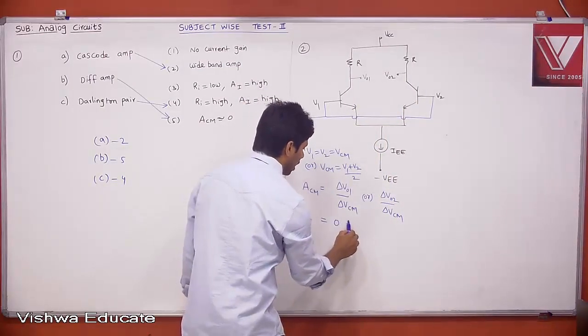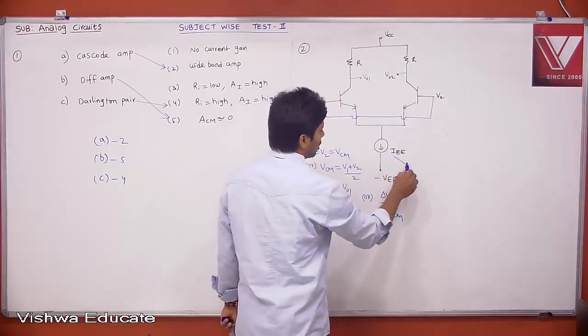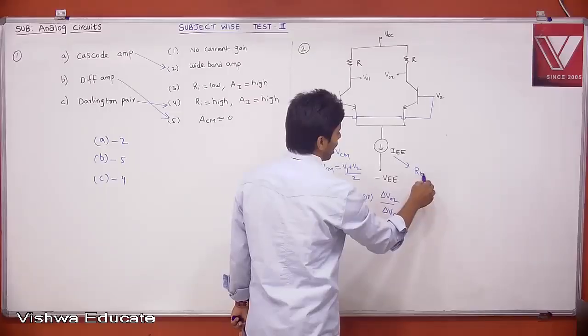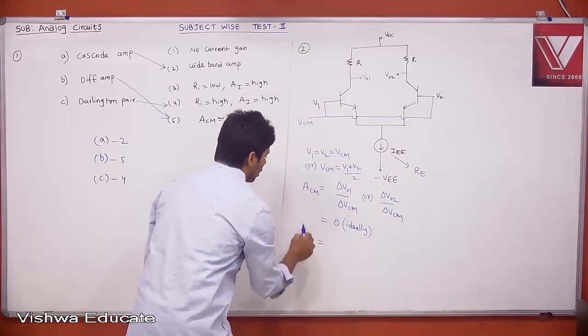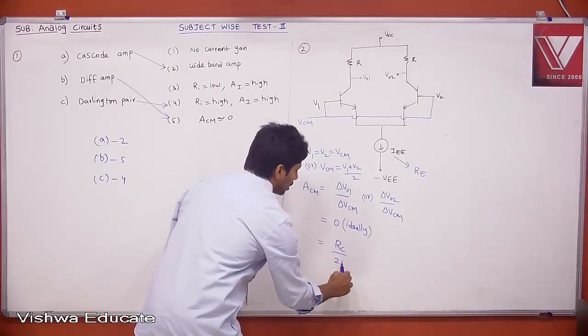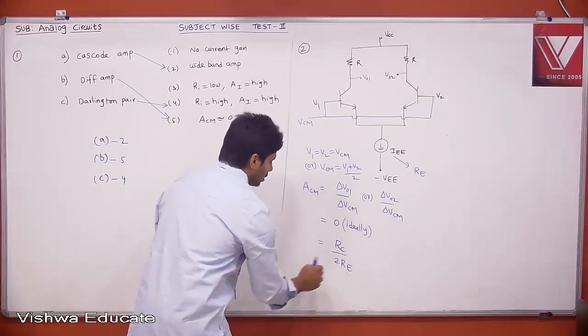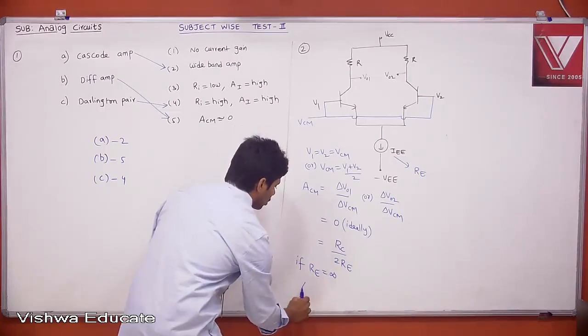Therefore, this is 0 ideally. But practically, let us say this is a practical current source having some internal resistance Re, then your common mode gain we got, if you take magnitude of ACM only, you will get Rc divided by 2Re. If Re is infinity, then what is your common mode gain?